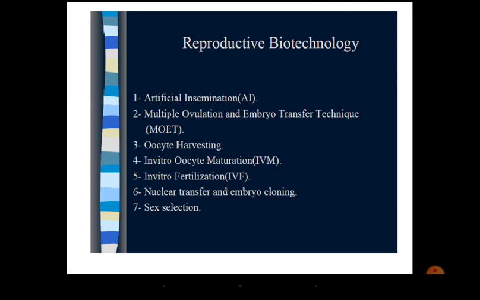It also has the advantage of being utilized even in the absence of the male. Physically the male is absent, but in spite of that, superior males can be utilized. And we can explore the option of utilizing the semen in the future also. If you store it in cold storage or freeze storage, that is cryopreservation, it can be utilized after a long period of time, even after decades.